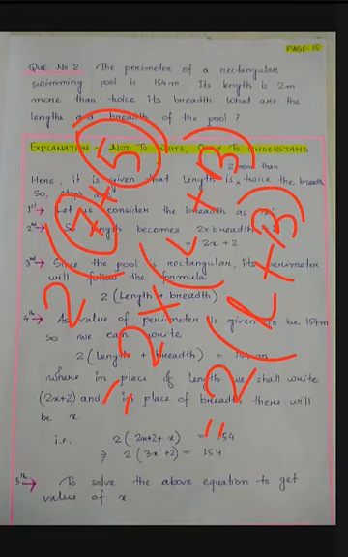But in our question, the value of the perimeter of the rectangle is already given, that is 154 meters.